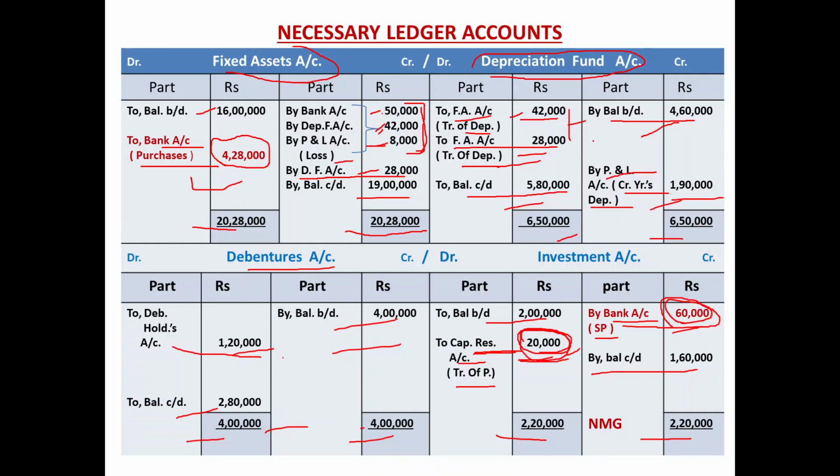Cash flow impact. Depreciation fund account. Debit side nothing is there, but credit side title came profit and loss, current year's depreciation 1,90,000. Depreciation is always a non-cash item, and that is why it will be and should be added back in the current year's net profit under title A. From the fixed assets account, on the credit side, title came bank, selling price 50,000 under title B, cash inflow.